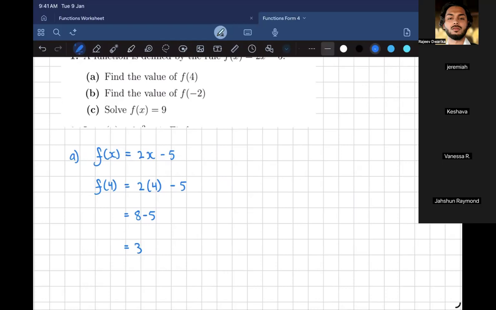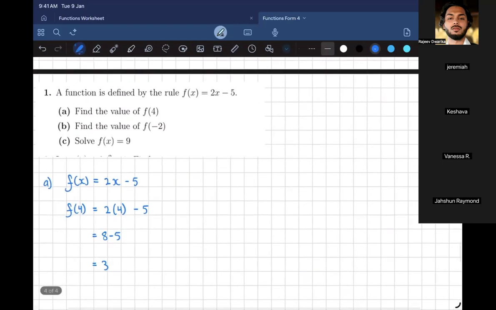Was there anything I did there that you didn't understand? All right. Help me with part B then, and you tell him if he's correct. So in this round, what do we have inside of the brackets? -2. So anywhere you see x over here, what are you going to write instead? -2.